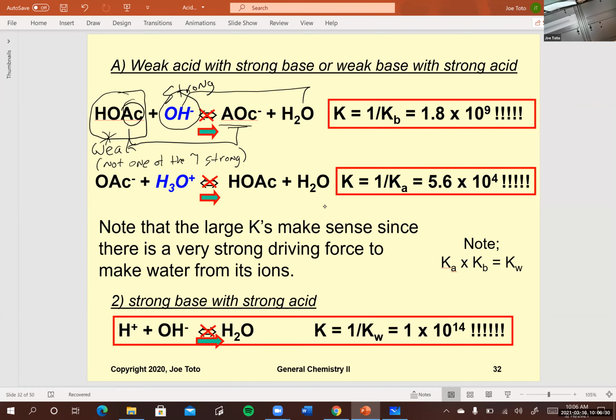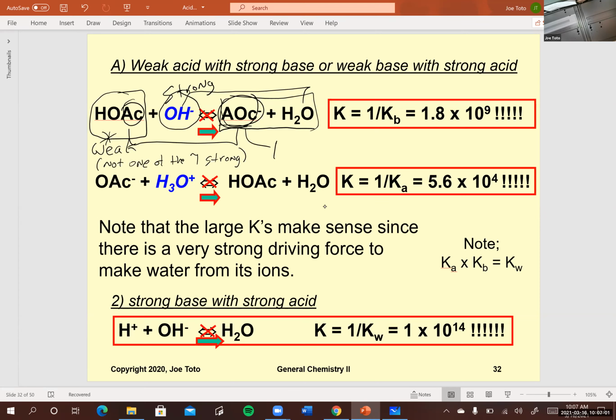So I want to figure out the magnitude of the K for this reaction. I notice that if I look at the reaction in reverse, it's just the weak base in water, so the K should be 1 over that Kb. I won't find that Kb, but I will find the Ka of acetic acid.